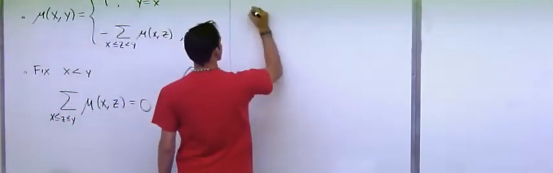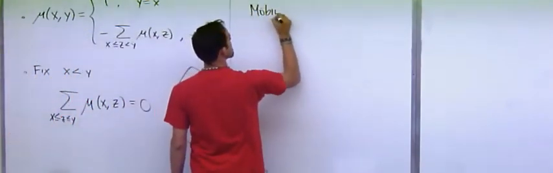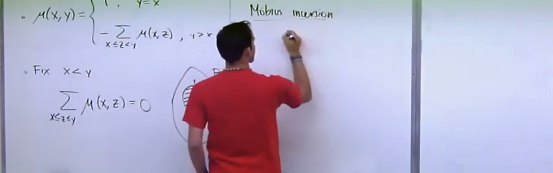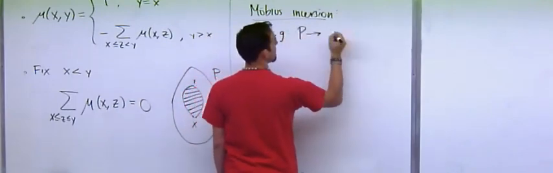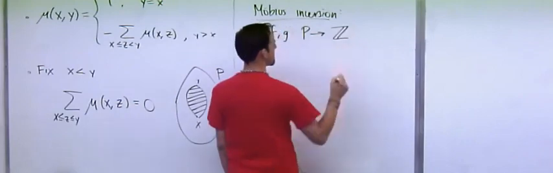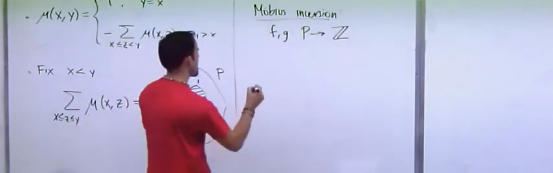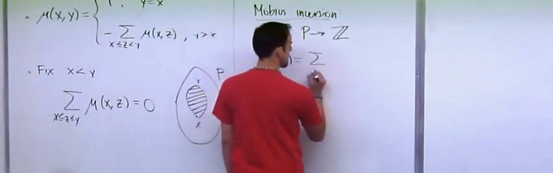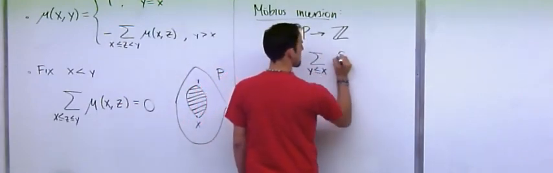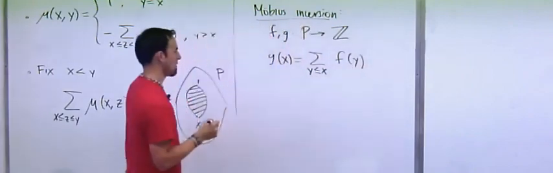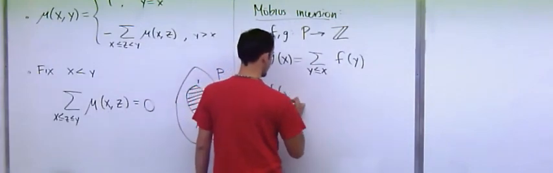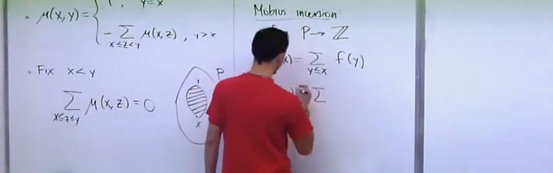And then I had stated the Mobius inversion formula, which said that if you have two functions from the poset to some ring, which I said maybe is the integers, but it could be any other ring, and if the first function just adds up f of y for y less than or equal to x, then you can reverse this and write f in terms of g.